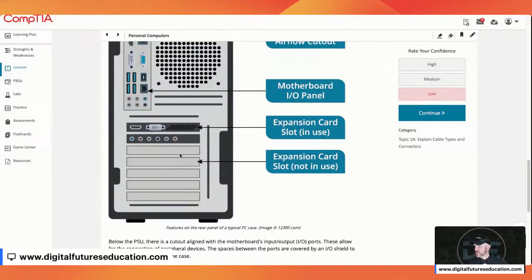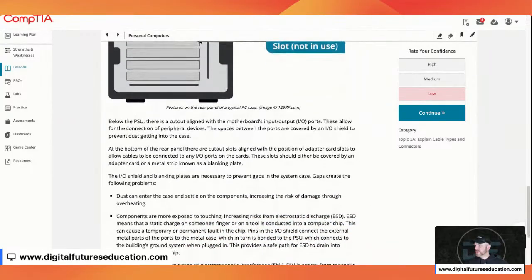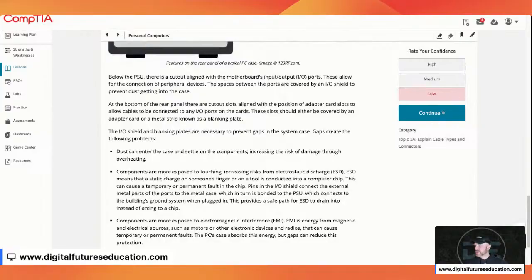So that's the difference of what one looks like in use and not in use. You can also see the Ethernet port with the motherboard I/O panel here, items that connect to the motherboard. So there's an overview of those components, like the power supply unit, the connections to the motherboard, the I/O port areas, and the slots.